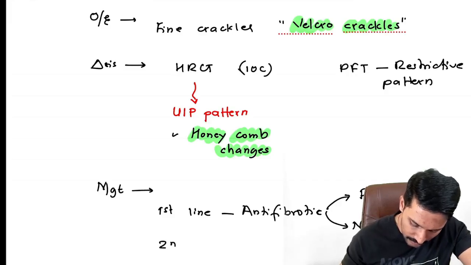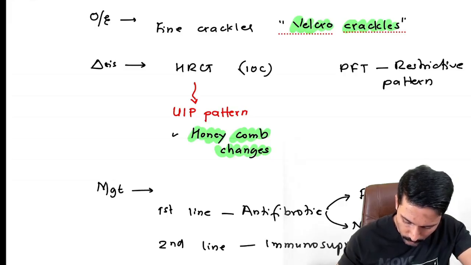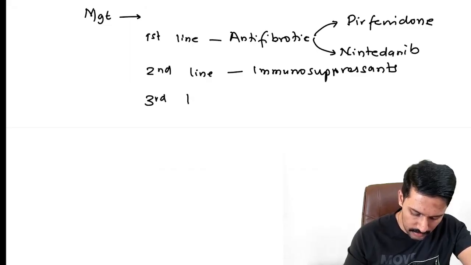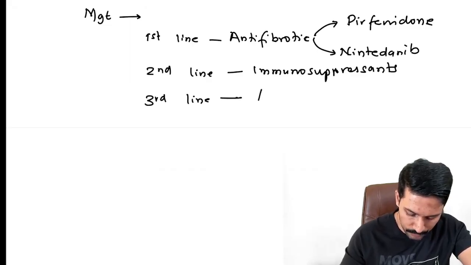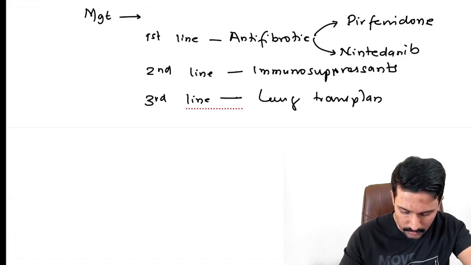As second line treatment, you can think of immunosuppressants. But if they also fail, these patients may require, as a last ditch effort, if possible, lung transplantation.